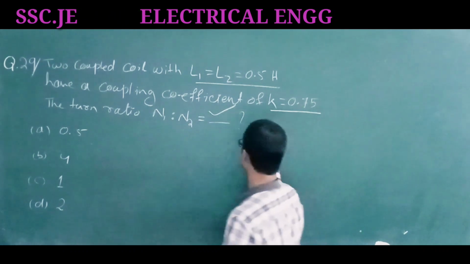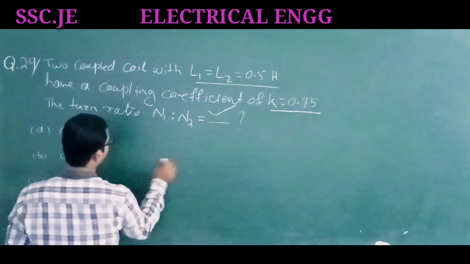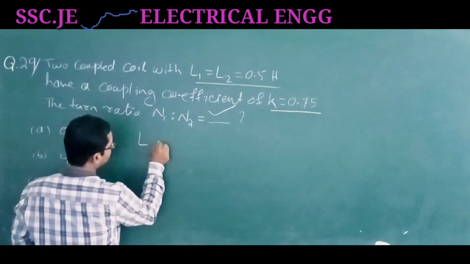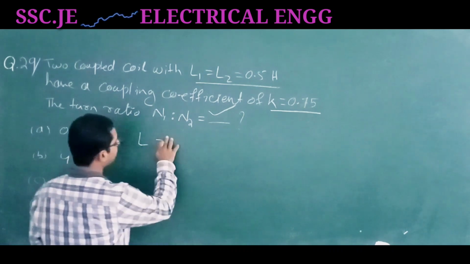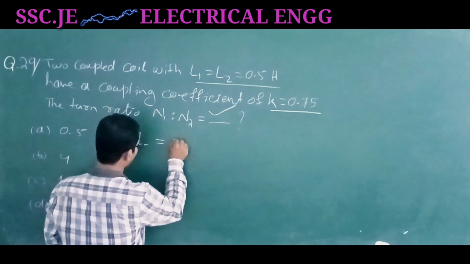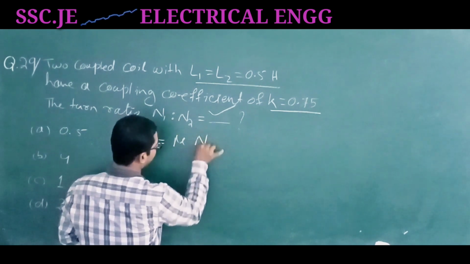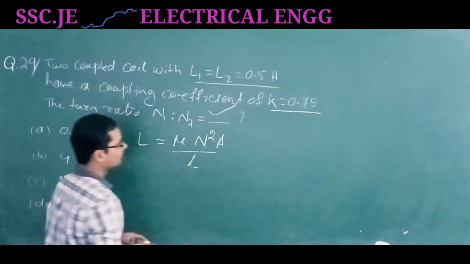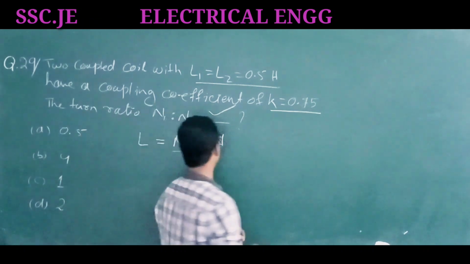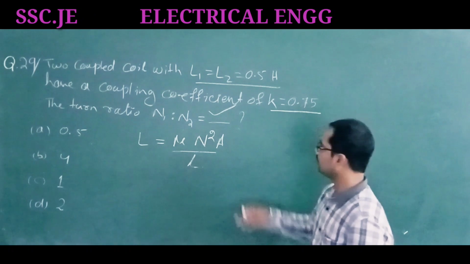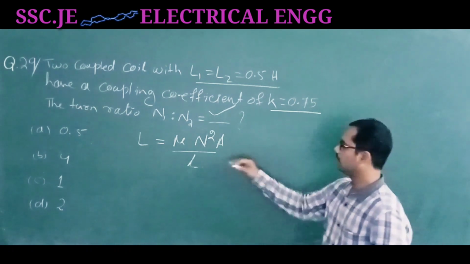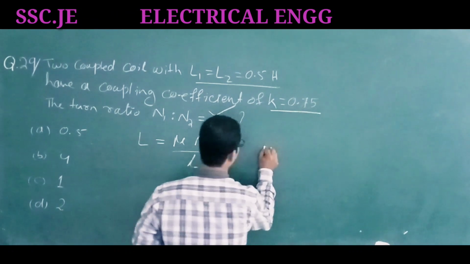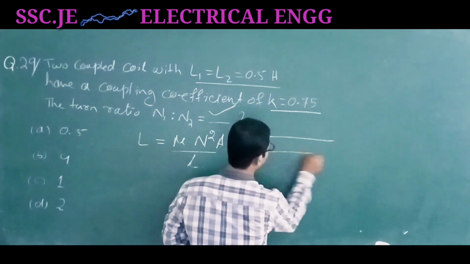These all are options. So we know the formula for inductance: L is equal to mu N square A divided by l. N is the number of turns, A is the area of cross section, and l is the length of the coil, the length of the solenoid.